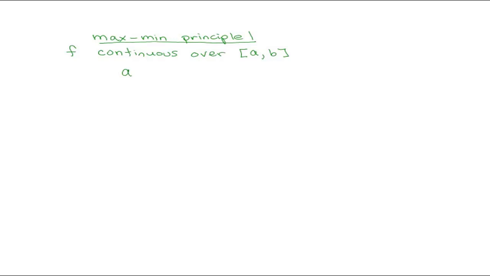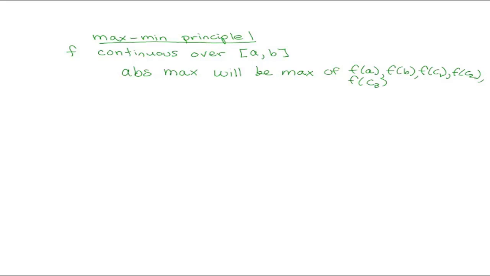So the absolute max will be the max of f of a, f of b, or f of any of the c values, any of the critical points, etc., however many critical points you have. Similarly, the absolute min will be the minimum value of that list.